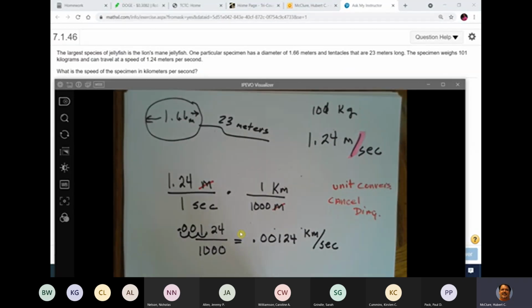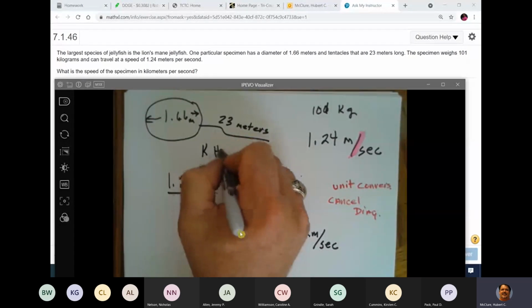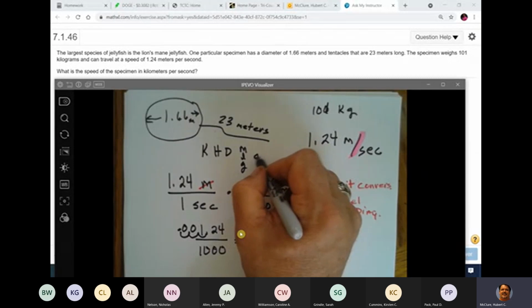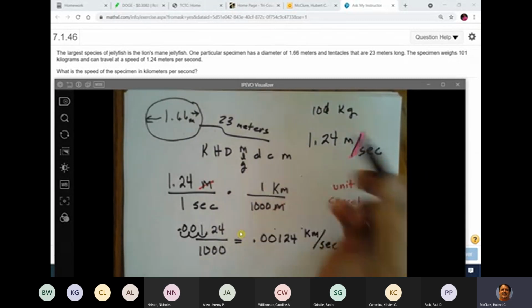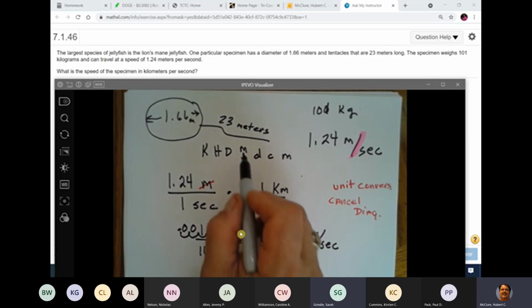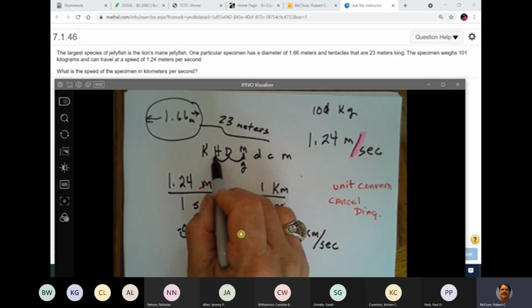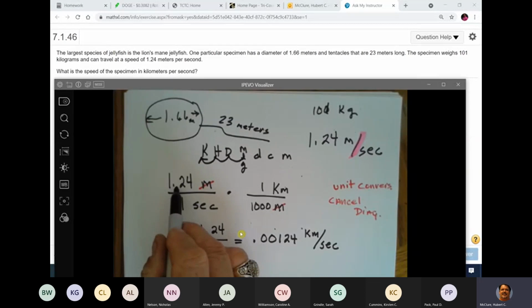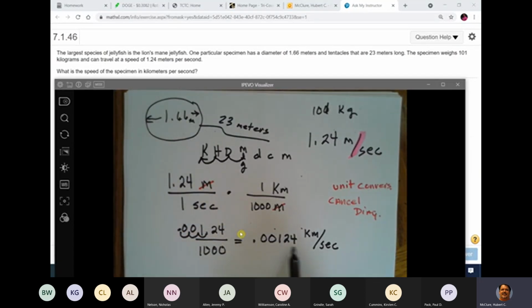Now, you could do King Henry Died, meters, liters, grams, drinking chocolate milk, and you're going from meters to kilometers. 1, 2, 3. And then move the decimal over 1, 2, 3, or you could do it at the end, whichever one you want to do.